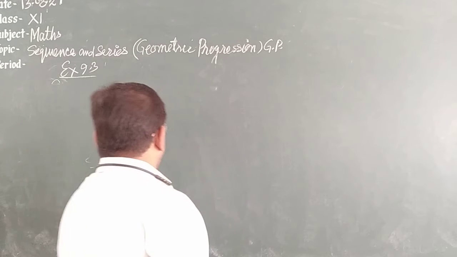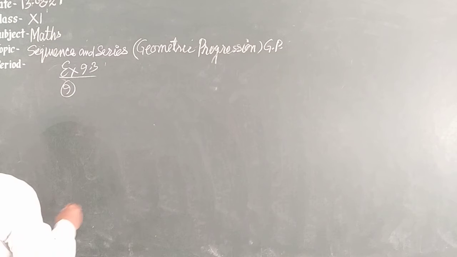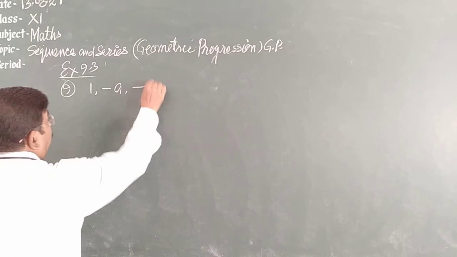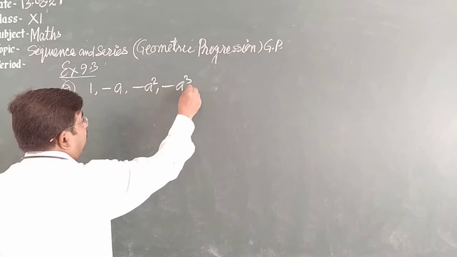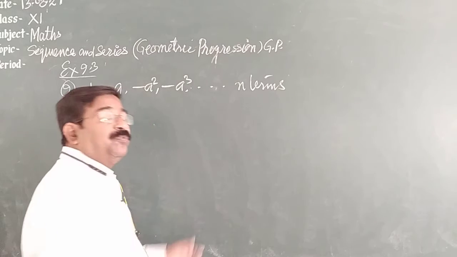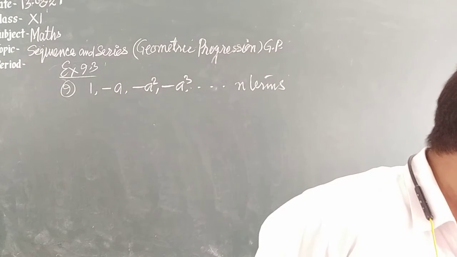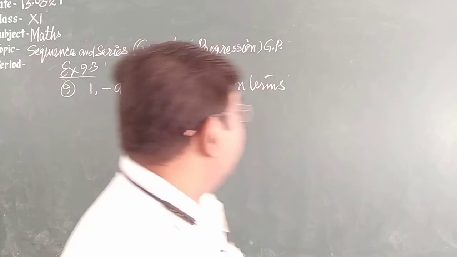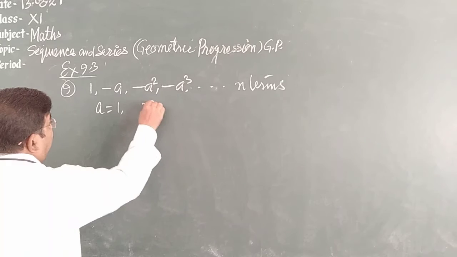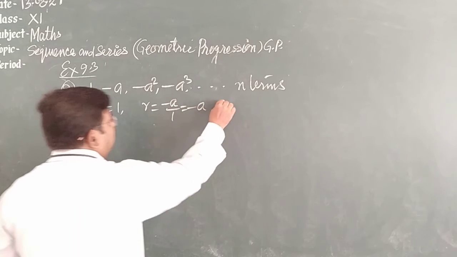See, we have 1 minus a plus a square minus a cube to n terms. So we have to find the sum of this sequence to n terms. So here what we are given, a is equal to 1, r is equal to minus a upon 1, that is minus a, which is less than 1.